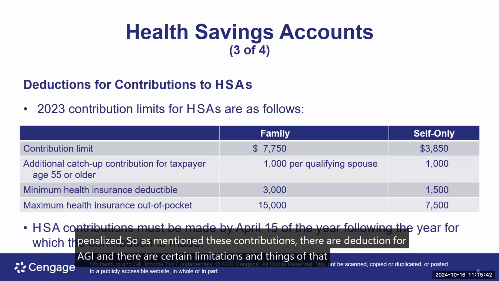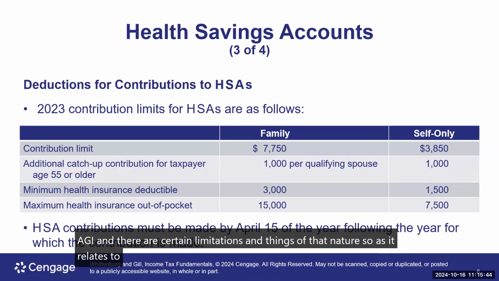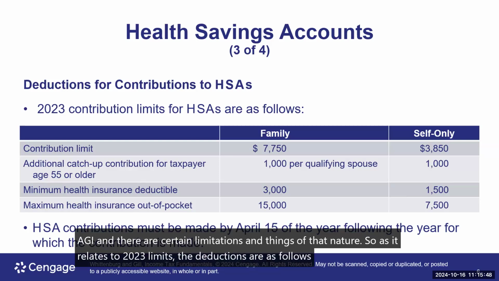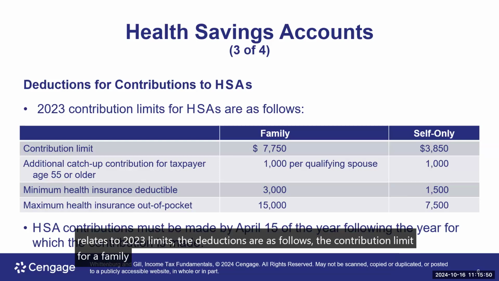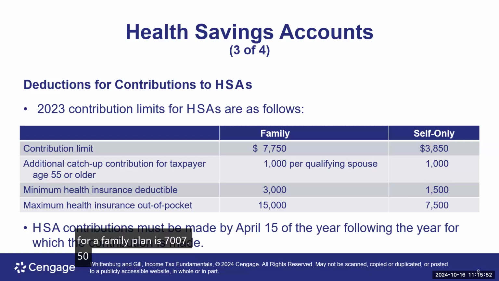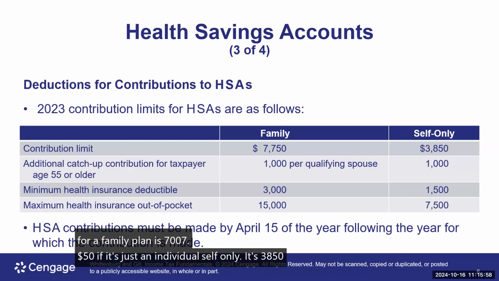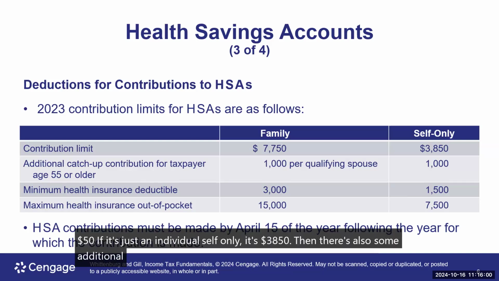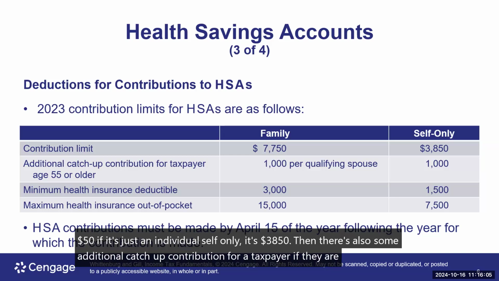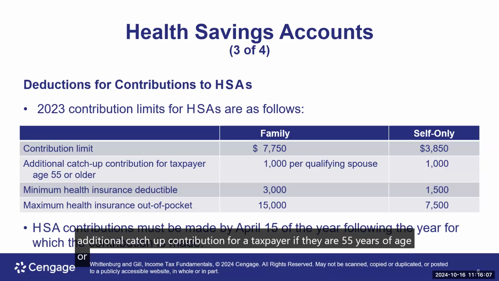As it relates to 2023 limits, the deductions are as follows. The contribution limit for a family plan is $7,750. If it's just an individual, self only, it's $3,850. Then there's also an additional catch up contribution for a taxpayer who is 55 years of age or older. It will be $1,000 per qualifying spouse.